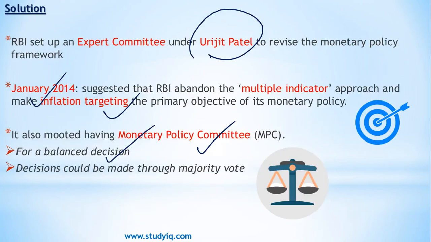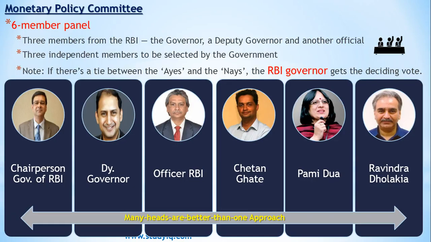But actually, many a times we find that this is something that is not healthy for the economy. So this was one of the main reasons why this monetary policy committee was suggested, and now that's what we have, and it is working a bit well as well, you can say, because the main approach here is many heads are better than one.